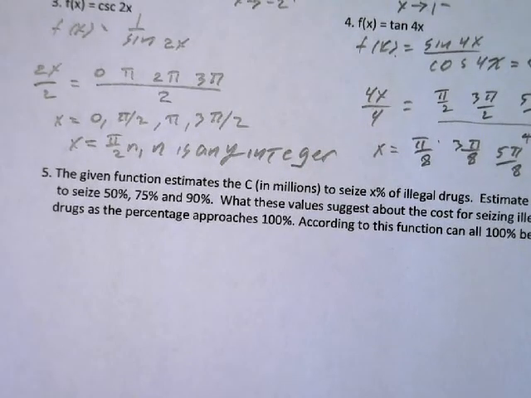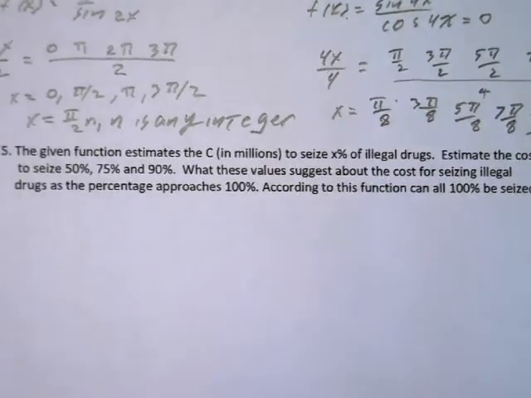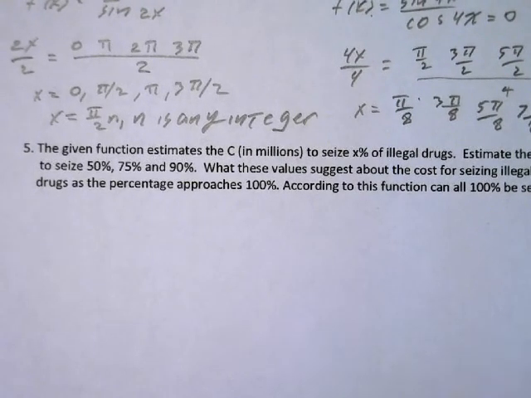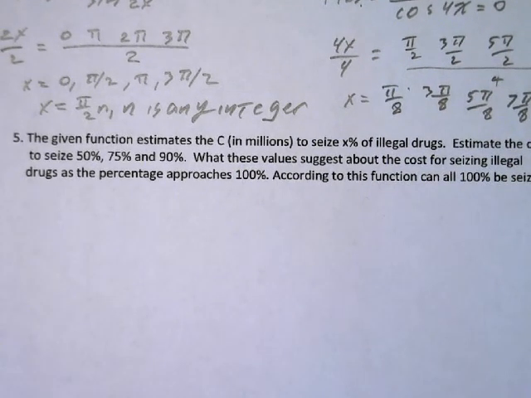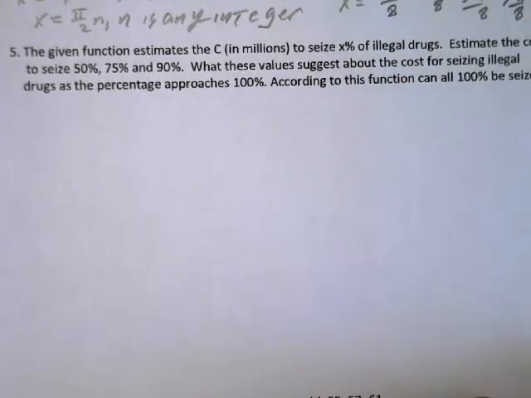Okay, here's a real life application of this. The given function estimates C, in millions of dollars, to seize x% of illegal drugs. Estimate the cost to seize 50%, 75%, 90%. What do these values suggest about the cost of seizing illegal drugs as the percentage approaches 100%?